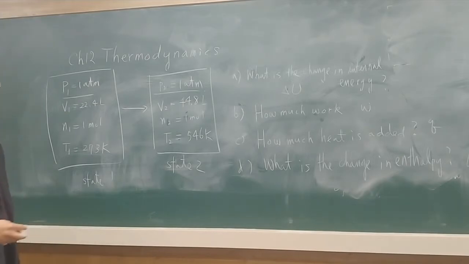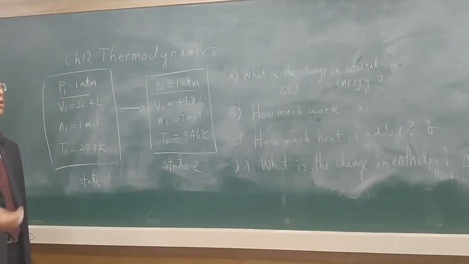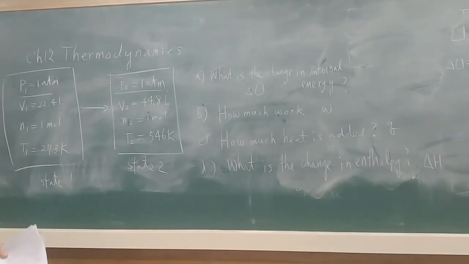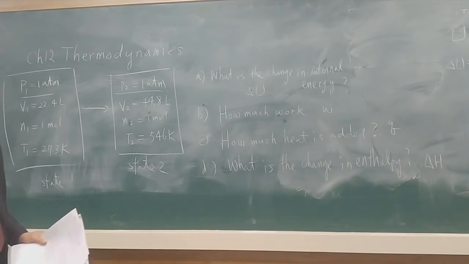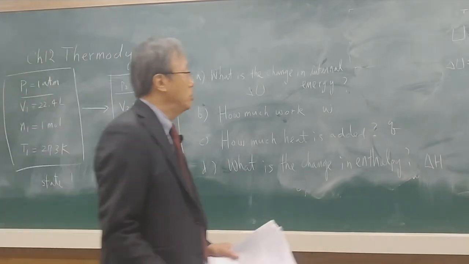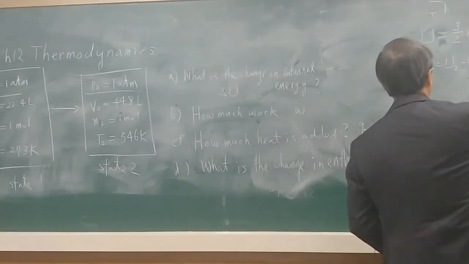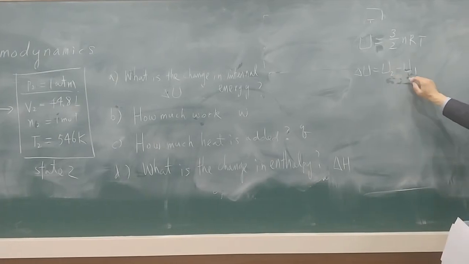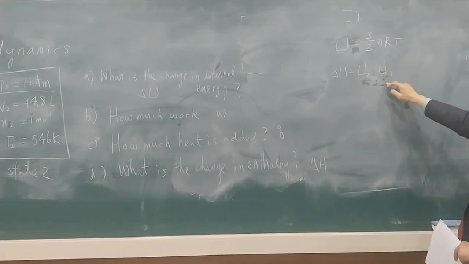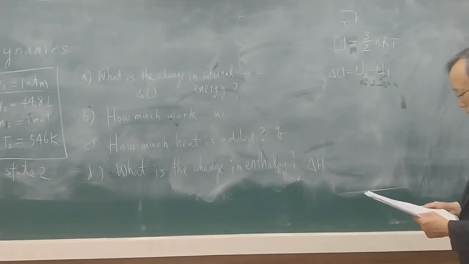When the system changed from state 1 to state 2, what is delta U? How much work is done? What is W, what is Q, so what is the delta H? So delta U equal U2 minus U1. So state 2 internal energy minus internal energy at state 1.